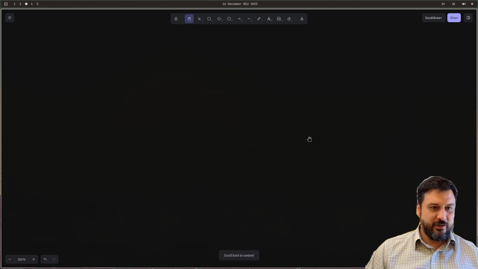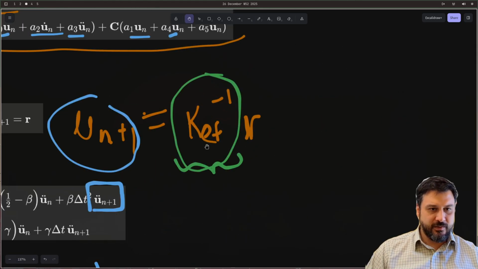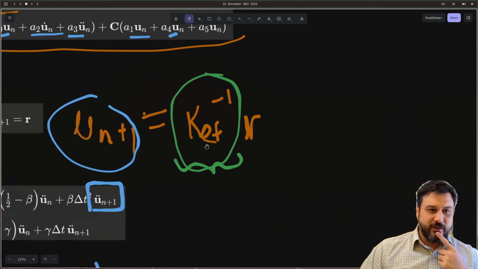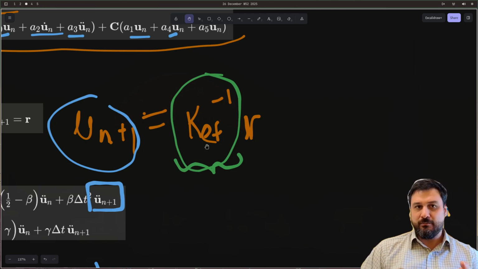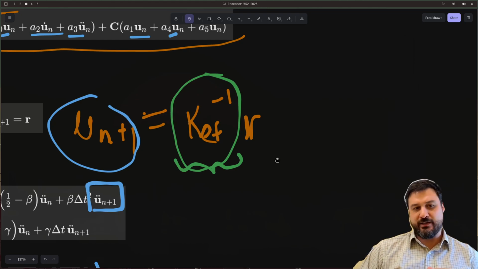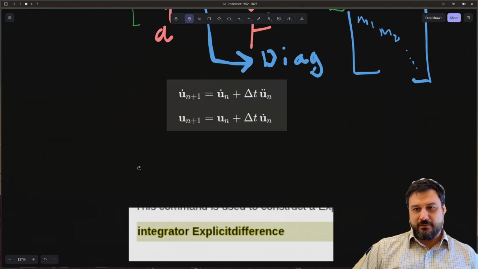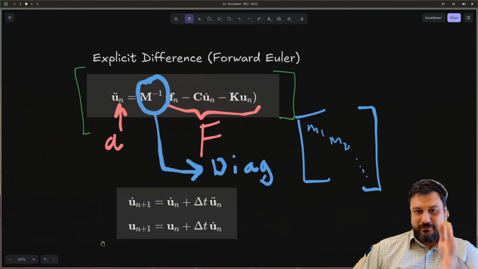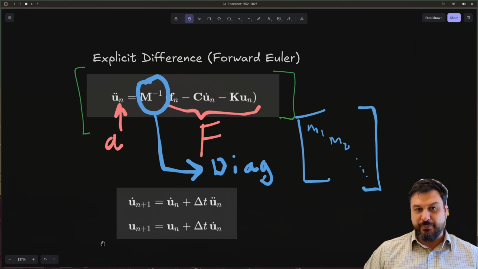Whereas in Newmark, you can't get away with a diagonal K. Well, you can try, and there's a nice blog post by Michael Scott on this topic, but you usually can't get away with having a diagonal K. Whereas you can pretty much get away with this in dynamics. You can lump a mass matrix, which is cool.